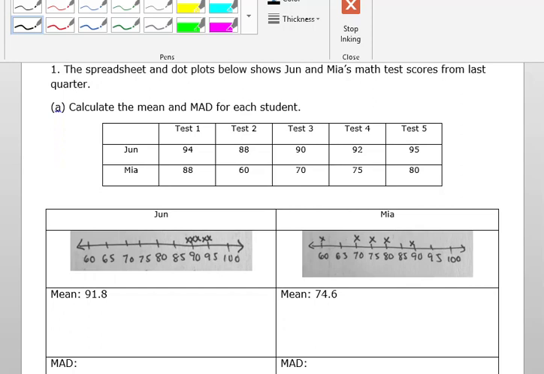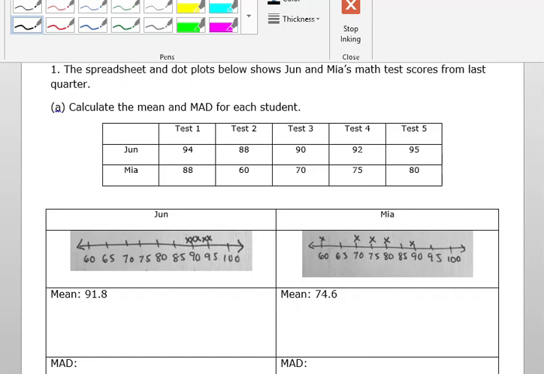So the spreadsheet and dot plots below show June and Mia's math test scores from the last quarter. So we're being asked to calculate the mean and the MAD for each student. Okay, so June had a 94, an 88, a 90, a 92, a 95.